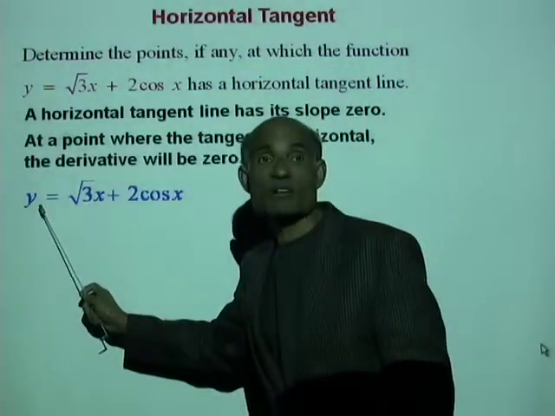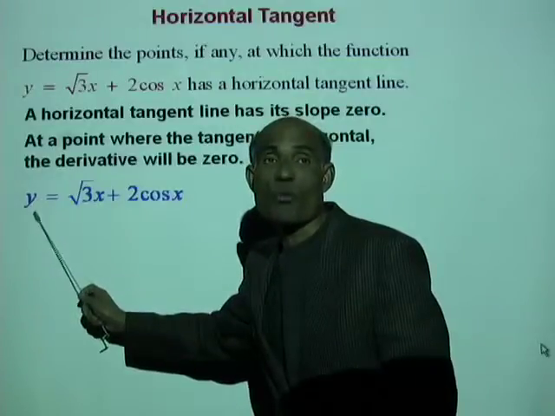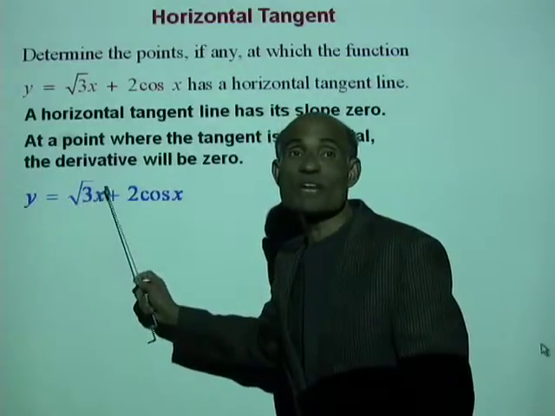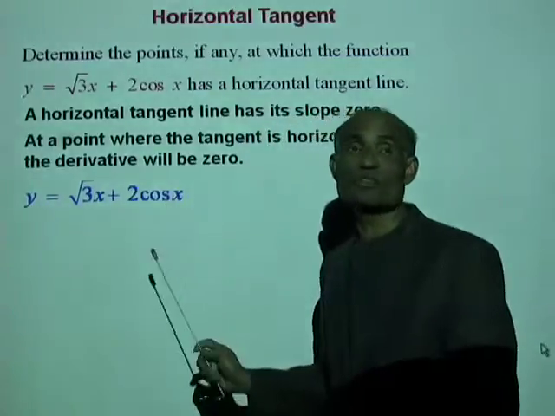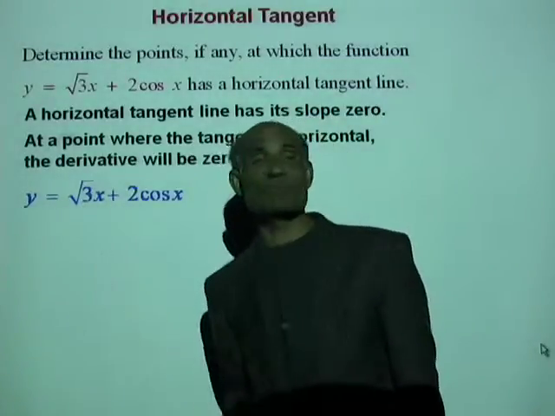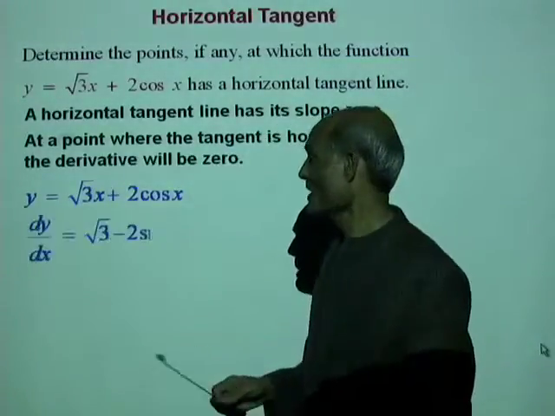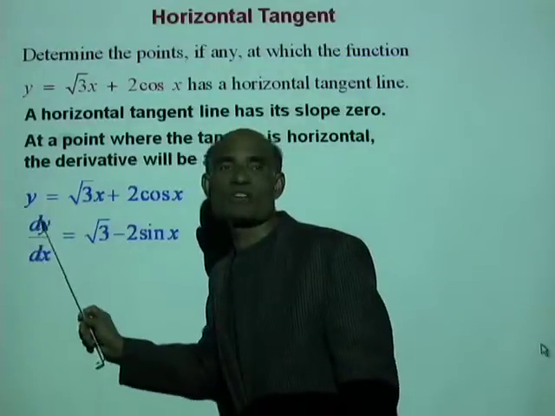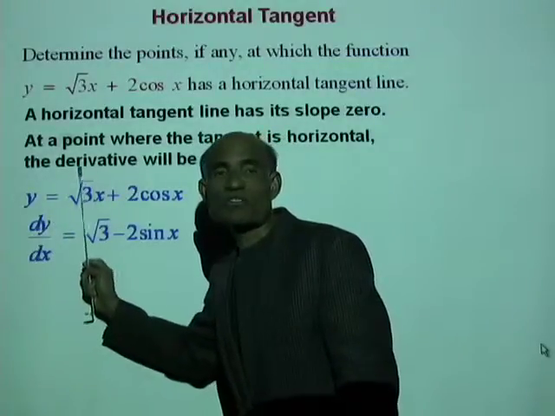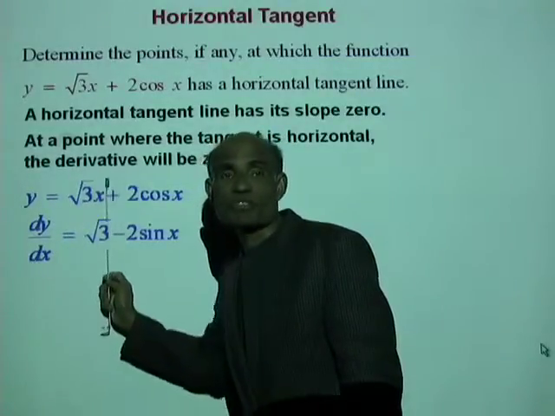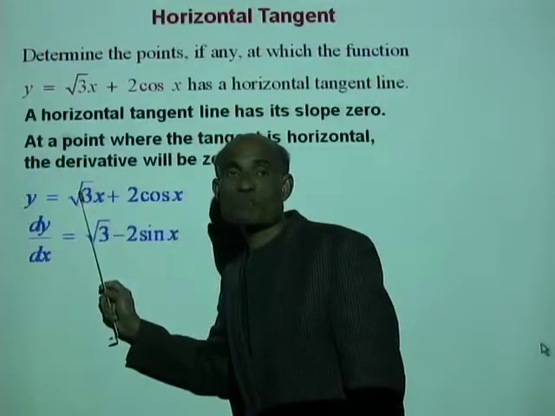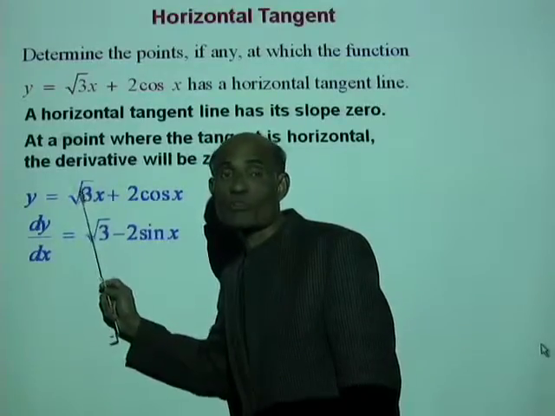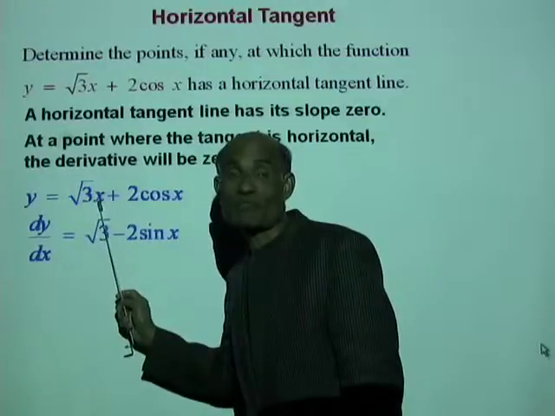So we will start by picking our function y equal to square root 3x plus 2 cos x and find the derivative of this. Alright, what is dy by dx? Dy by dx is the derivative of this term. Remember, this term is not square root 3x, but square root 3 times x.